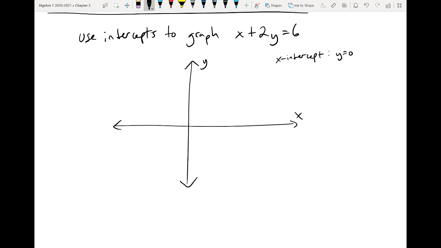So let's put our 2y back. We know x is equal to 6. That's our x-intercept. Our y-intercept is where x is going to be equal to 0, in other words, where it's going to go through the y-axis. So again, you use your thumb.